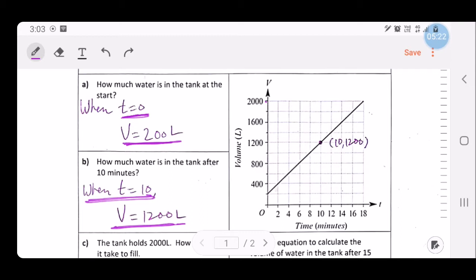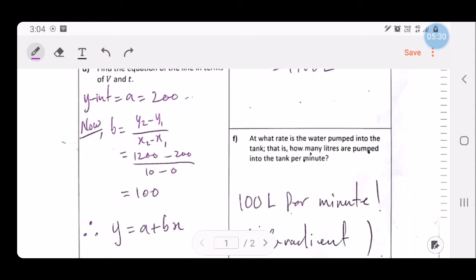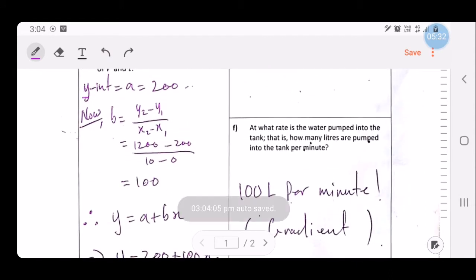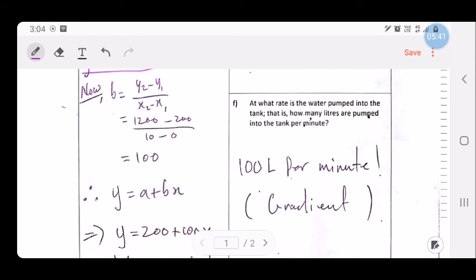All right, so the first thing we need is the y-intercept, which is our a value. And we can see there that the y-intercept is 200. All right, so y-int, which is a, is 200. And just like that, we're halfway already. Okay, now to find the gradient, we have the formula. Gradient equals y2 minus y1 over x2 minus x1.